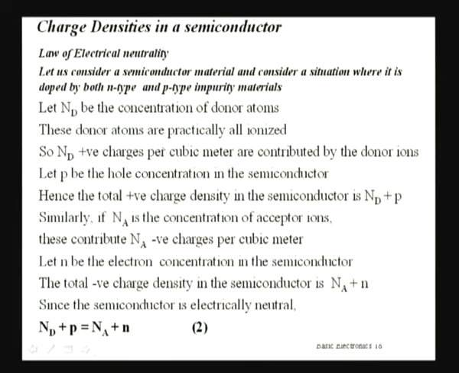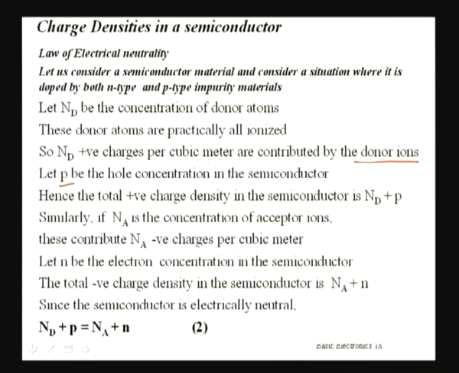These donor atoms are practically all ionized, and we have already seen that these will be positively charged donor ions. So we have Nd positive charges per cubic meter contributed by these donor ions, and let p be the hole concentration in the semiconductor.